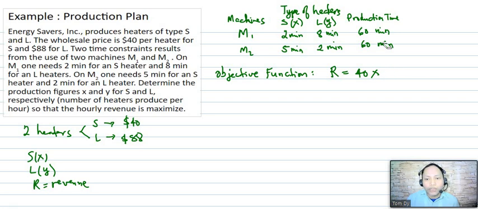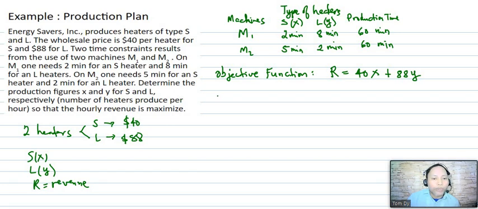If we sell our product X, we multiply it by 40, plus 88 for Y, for L. So we have here 88 times Y. So this will be our objective function.